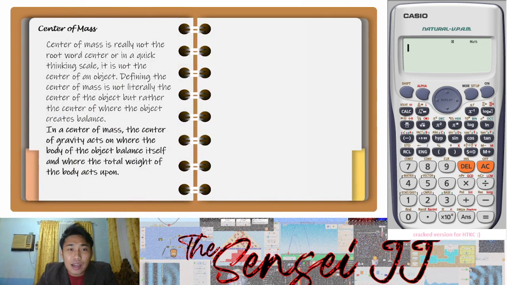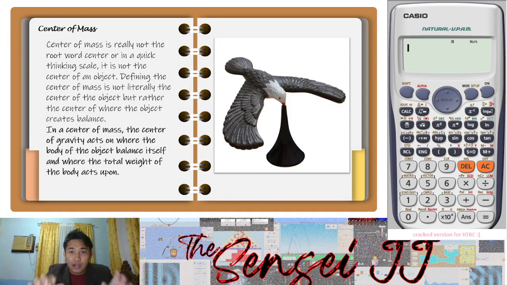Okay. So another example here is this one, the balancing bird. Are you familiar with this? Have you seen this one, guys? This balancing bird balances itself even though the support is not at the center of its body. So we have here the body of the bird, the left wing, and the right wing.